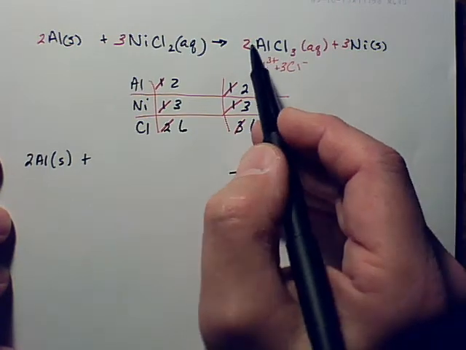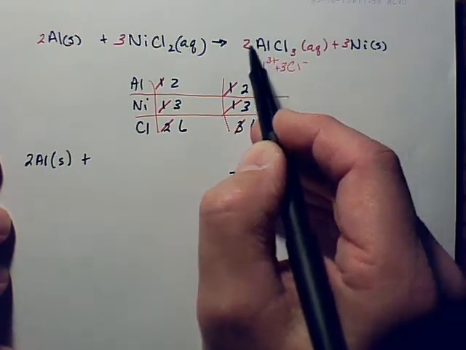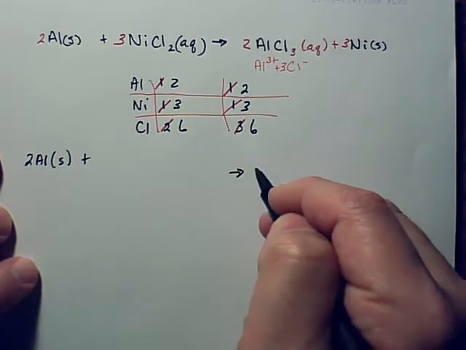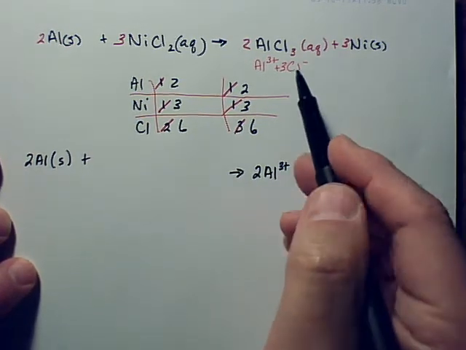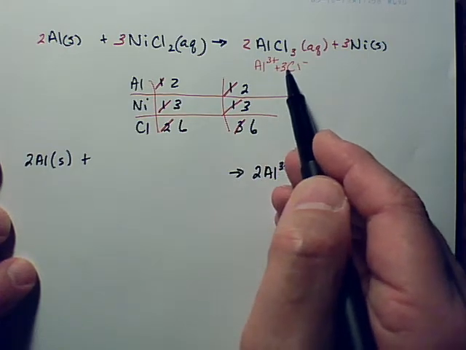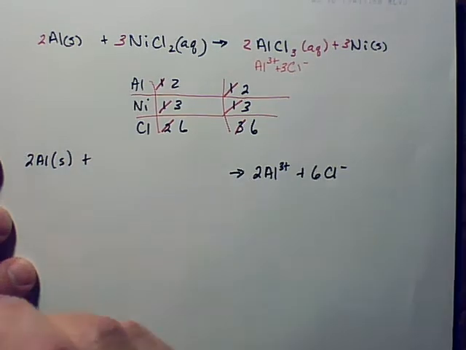The only difference is now we don't just have 1 aluminum, we have 2 aluminum ions. So instead of 1 aluminum, we're going to show 2 Al3 plus. Instead of just 3 chlorides, we're going to have 3 times 2, or 6 chloride ions.